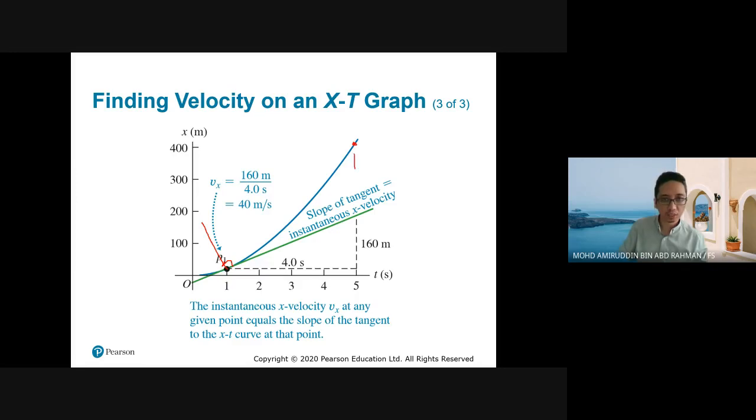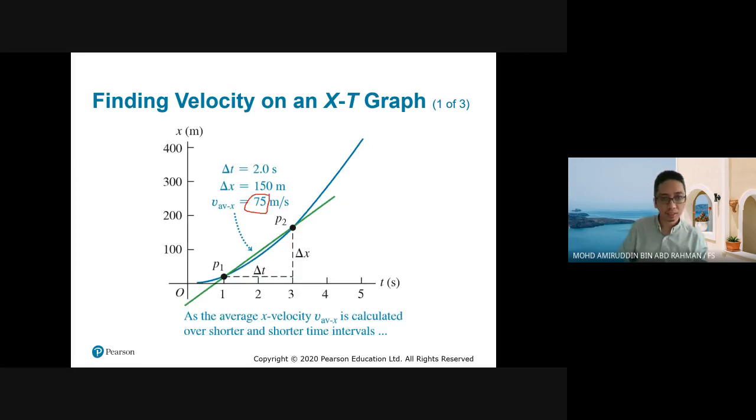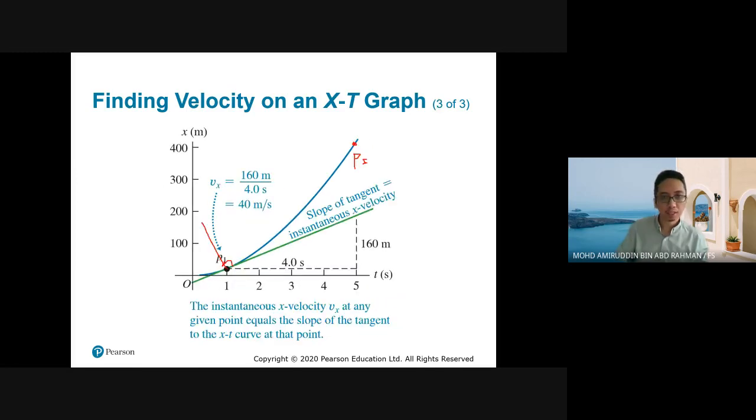Let's say here you consider that as P5. Meaning the object here might be, let's say here is 75, so here might be 120 meters per second. So do you get the concept of instantaneous velocity? Are you guys clear with the concept of instantaneous velocity?